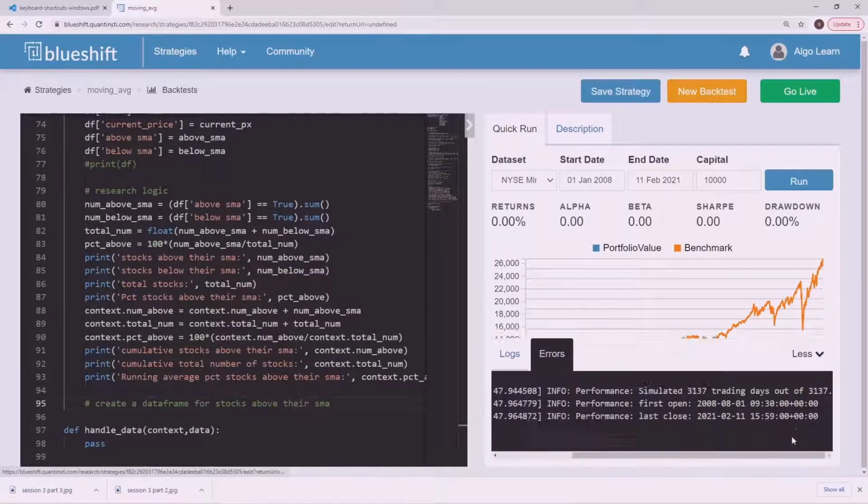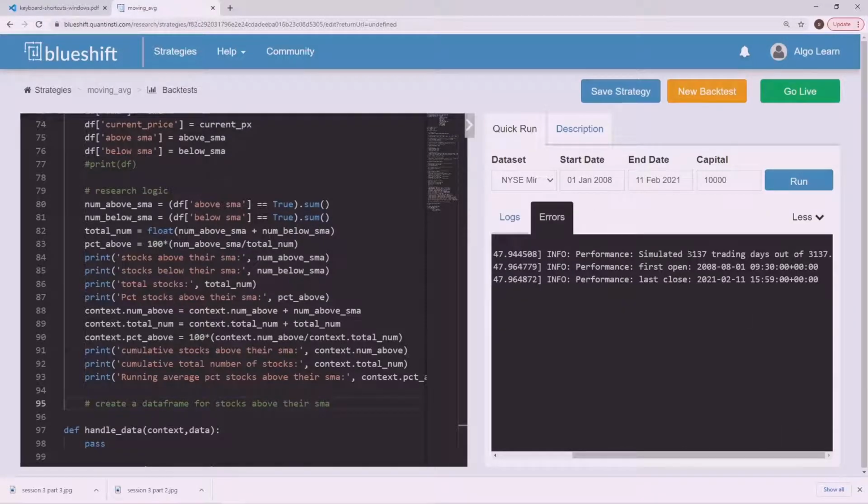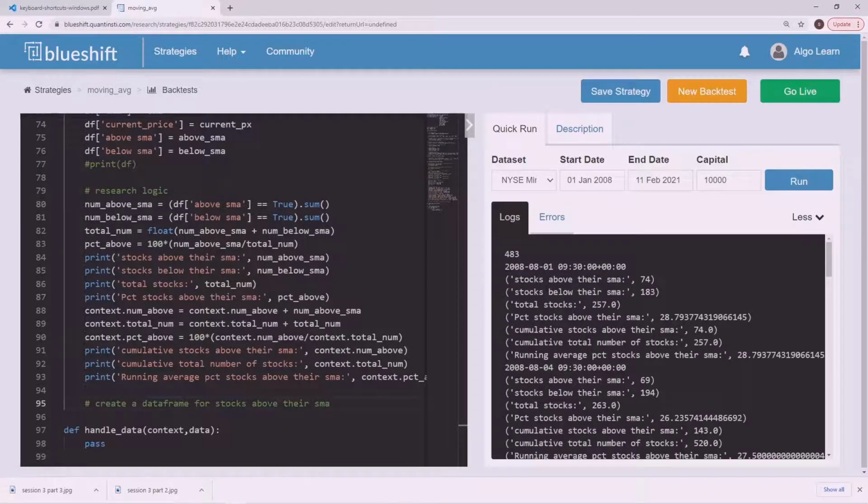Incidentally, we ran 3,137 trading days in this back test. It actually started on August 1st, 2008, even though I tried to get it to start in January, the data must only start on the 1st of August. But anyway, when we go back, I want you to see that the total stocks on August 1, 2008 was 257.